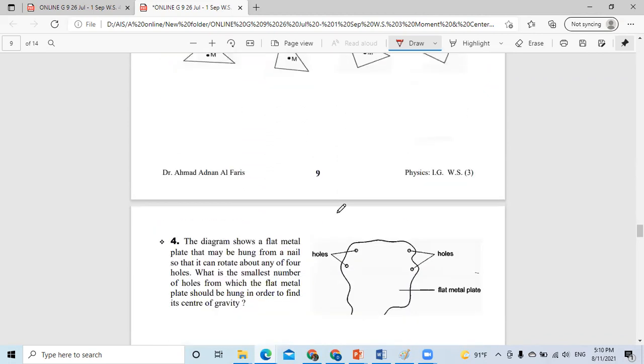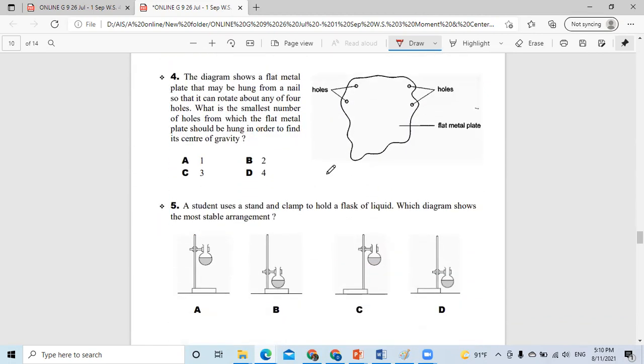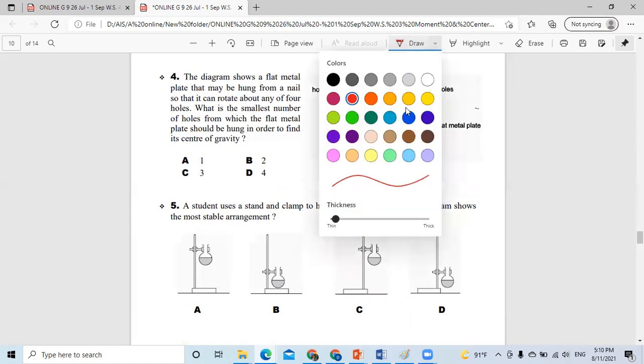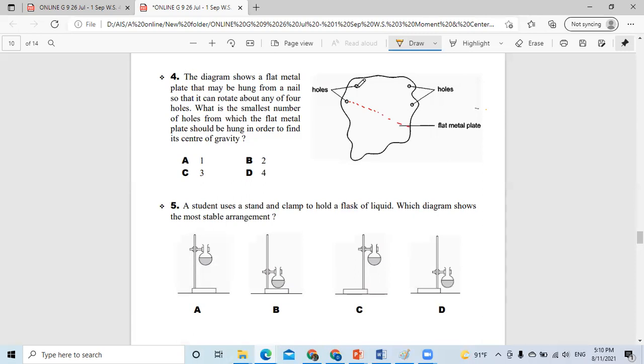Okay. Now, I told you, and you know, that to find the center of mass of any lamina, we need several points to check where the center of mass is. I will hang it from one point, for example this one, and this will be the plumb line on it, and maybe I will hang it again from another point to draw another plumb line like this, and where both lines meet, it will be the center of mass.